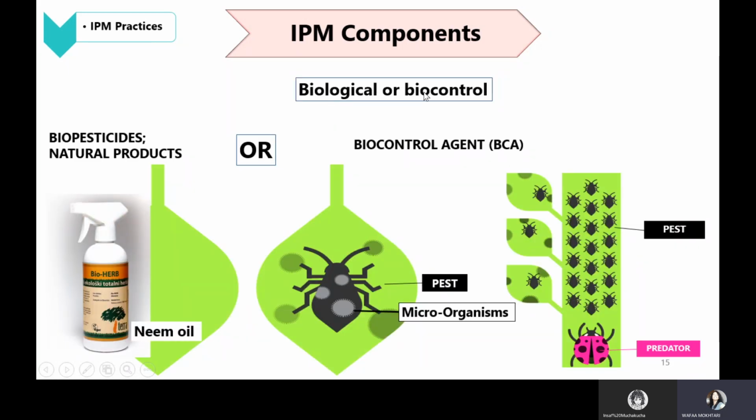What are biological practices? Biological practices in IPM are also called biocontrol. So wherever you hear about biocontrol, it is the biological practices. What is biocontrol? Biocontrol is either using biopesticides, which are actually natural products. For example, neem oil. Neem oil is much more used right now in controlling pests and diseases.